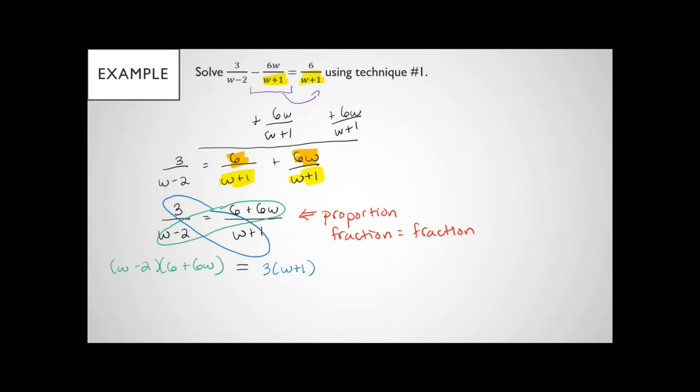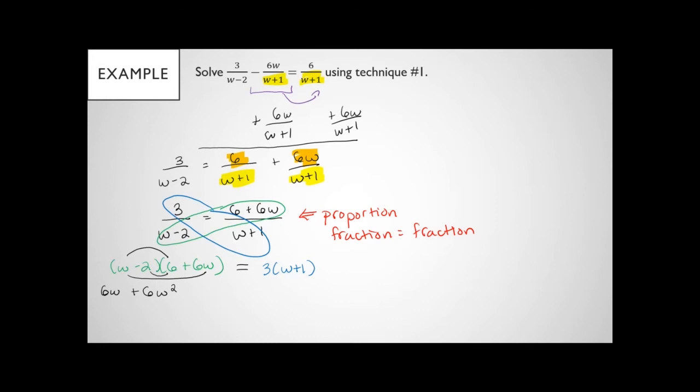So now we don't have any fractions, and so now we're solving, and this is going to be a quadratic because we have to FOIL on the left. So first, w times 6 is going to give me 6w. Then the outside, w times 6w is going to give me 6w squared.